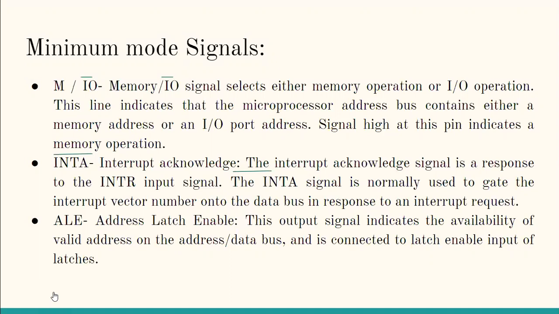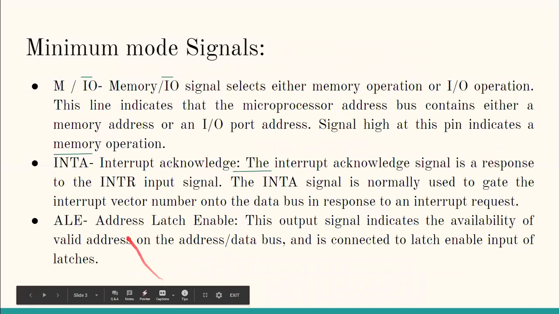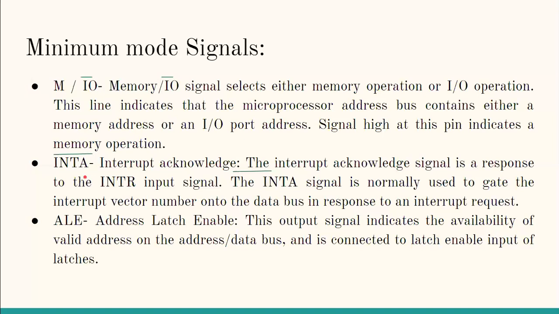Next is INTA bar. This INTA bar is nothing but an acknowledge to an interrupt request which we have seen in the previous lecture. Interrupt request is a request signal coming from the peripheral to the processor. If the processor accepts the interrupt request by checking the status of the interrupt enable flag, it acknowledges to that particular peripheral using this INTA bar.